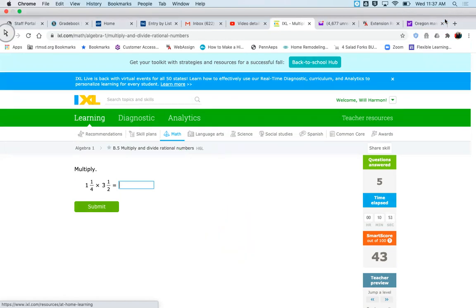All right, Allie. Yes. Allie, how do I make mixed numbers into improper fractions? Isn't it you times the denominator and the whole number, and you add the numerator?